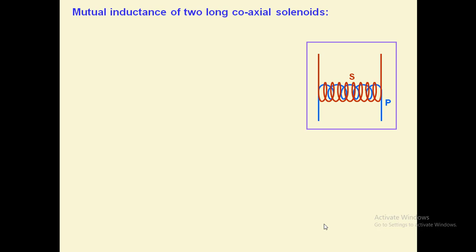Coaxial means both the coils have the same axis. Now, if you see, the secondary coil is connected to a galvanometer. Let L be the length of the solenoid, A be the area of cross section of the solenoid, and I1 is the amount of current passing through the primary coil.